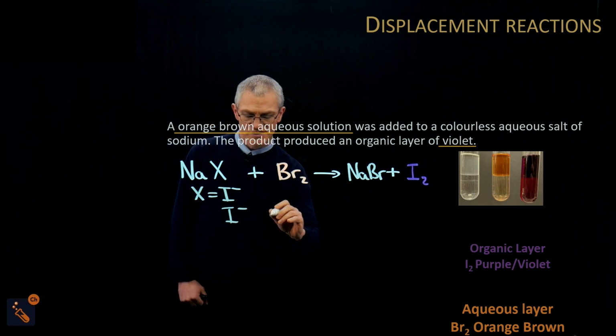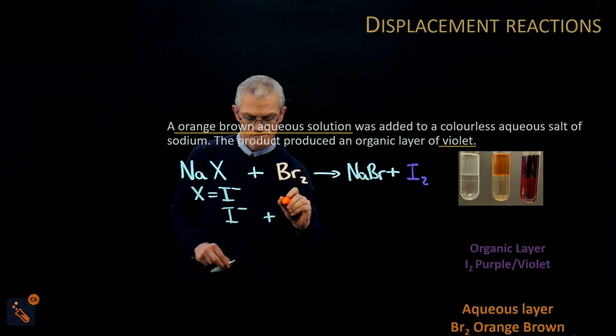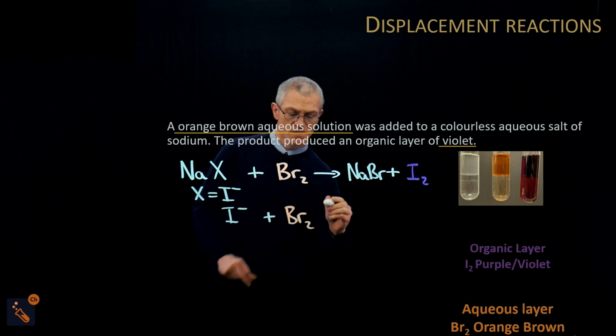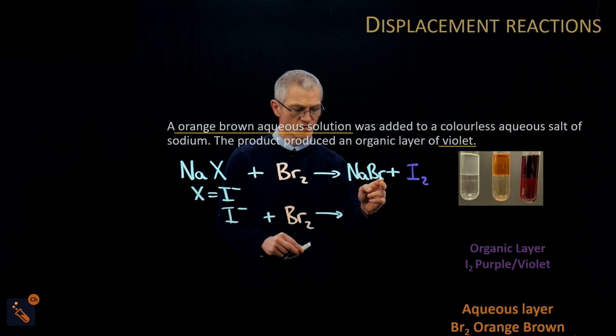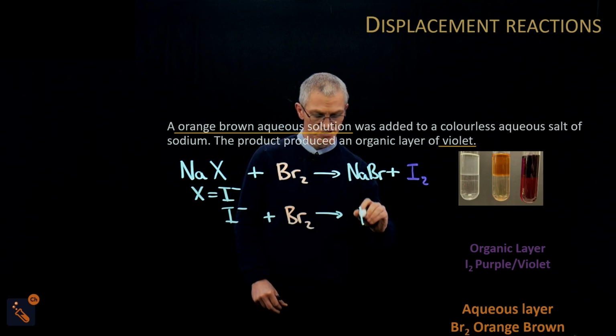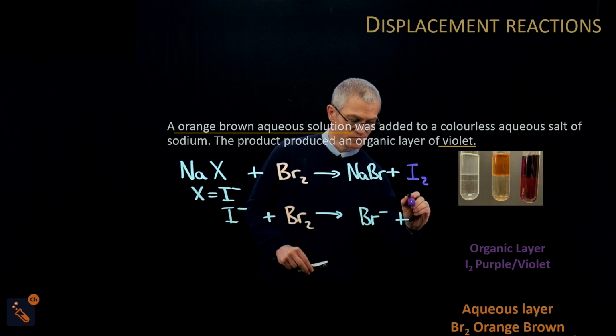And then I'm going to add that to my Br2. Remember the sodium is a spectator ion, so we are going to do the Br this time minus, and then plus I2.